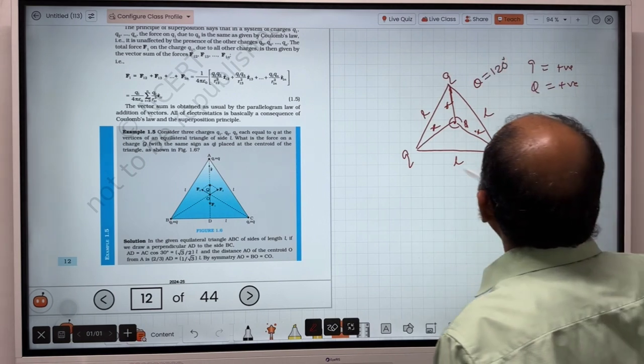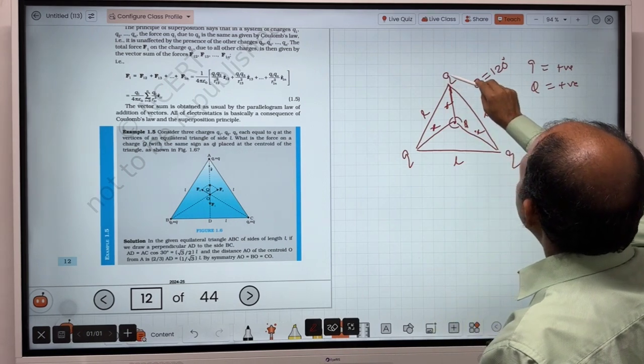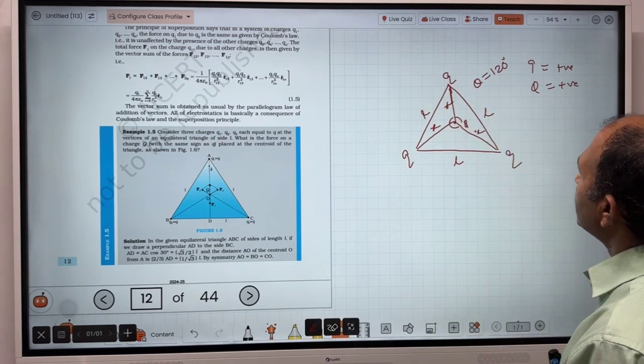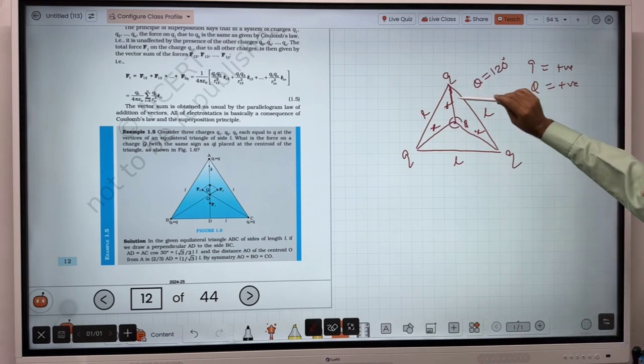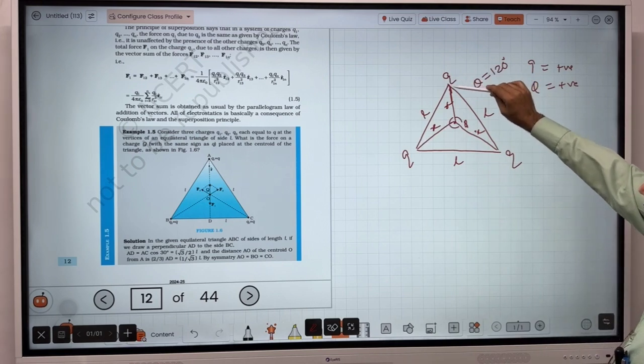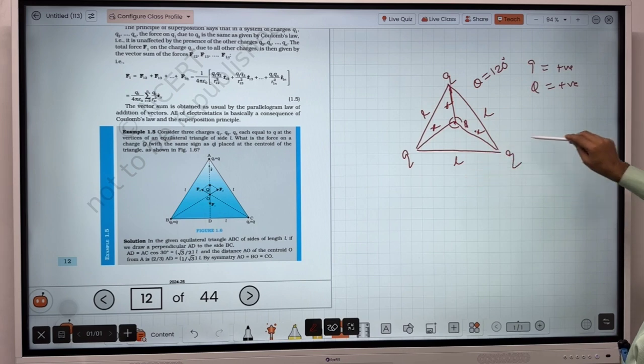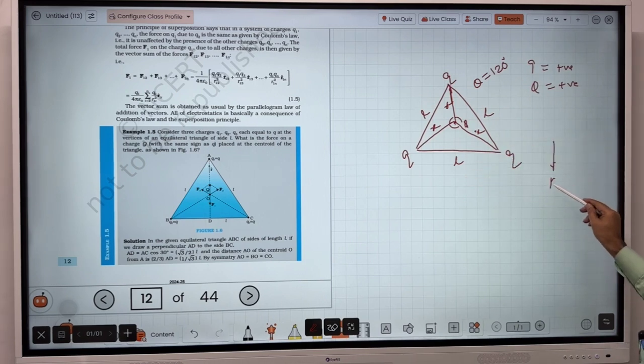Now, let's see the force. This is positive, this is positive. You have to find the force on this, so you will consider that this charge is fixed. Then what is the direction of motion of this charge? This is positive, this is positive, so it will tend to move in this direction. So F1 will be downward.